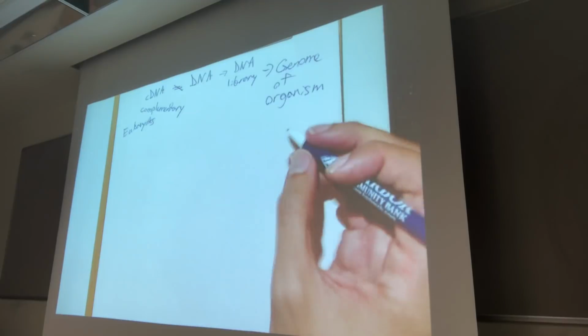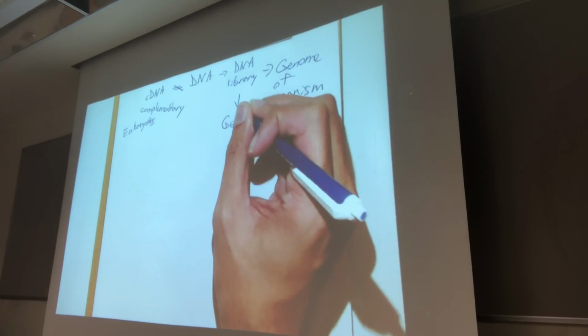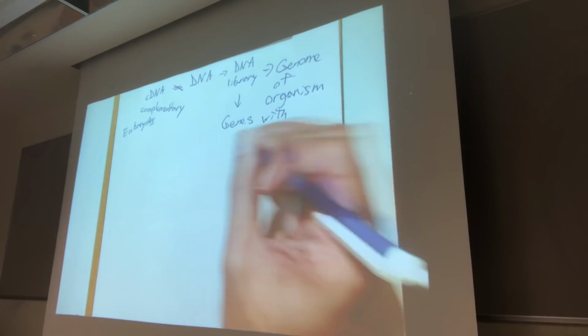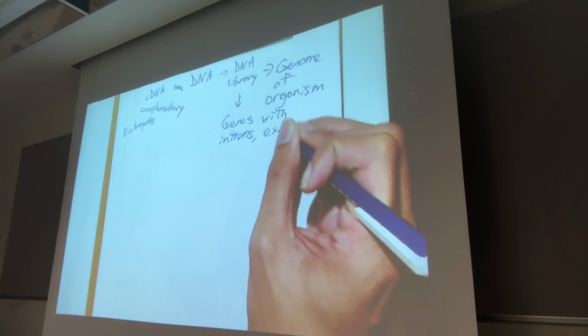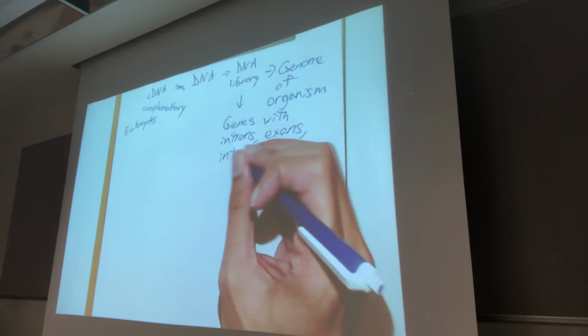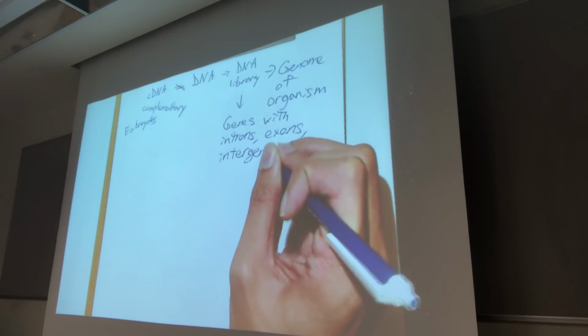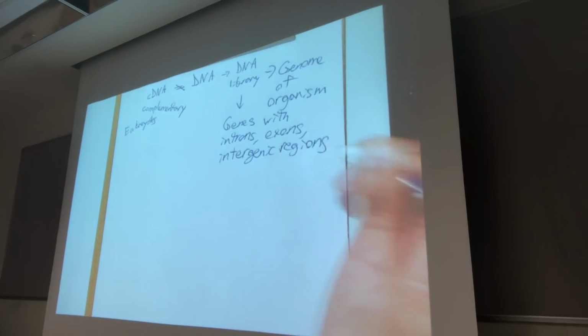This means this DNA library includes genes with introns, exons, and even includes those spaces between genes called intergenic regions. A raw DNA library has all those things.